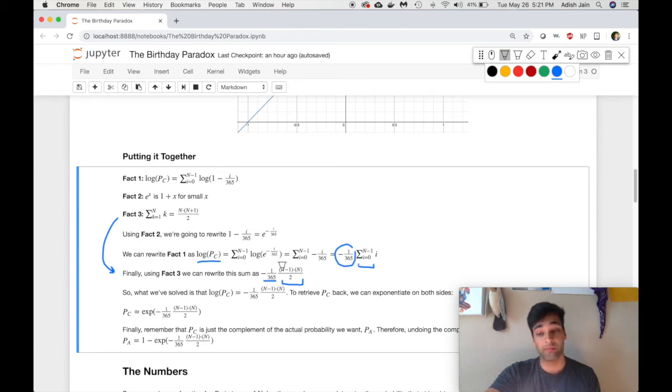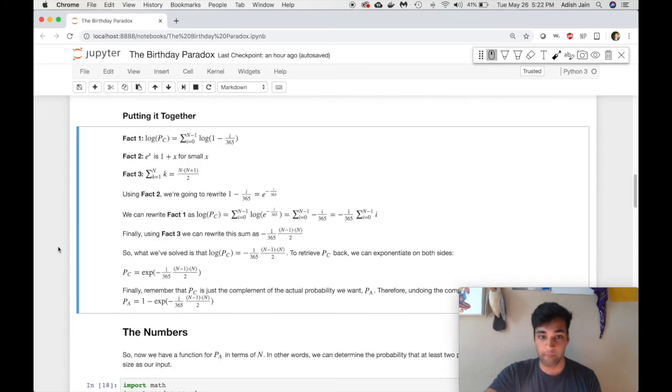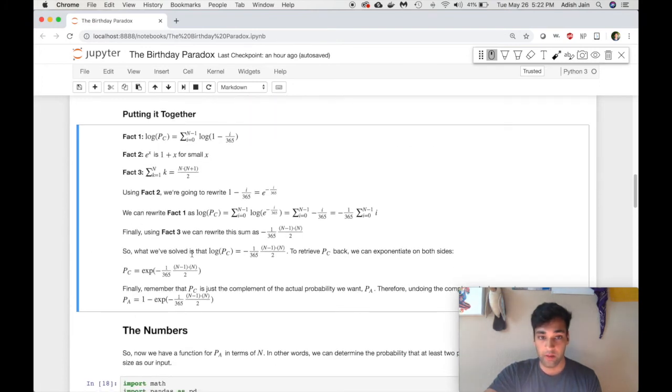So now we're going to work backwards to now solve PC and then to ultimately solve PA, which is the probability we were looking after in the first place, right? So let's go ahead and do that. So what we're going to do is basically retrieve PC by exponentiating on both sides now, okay?